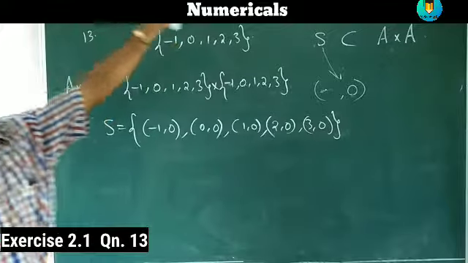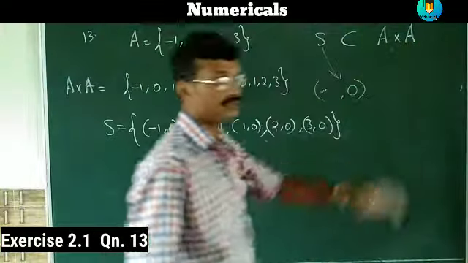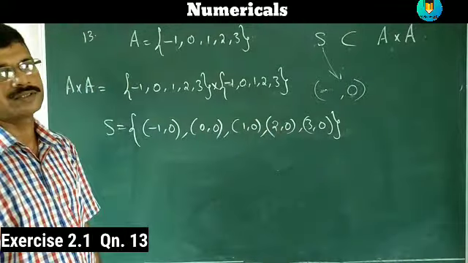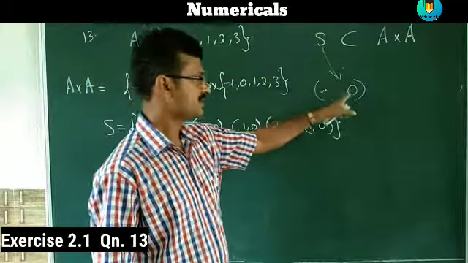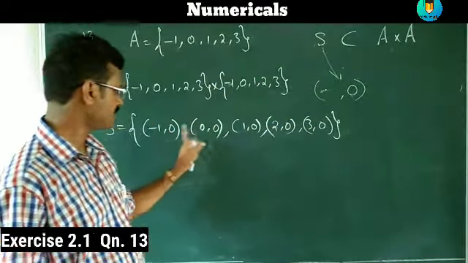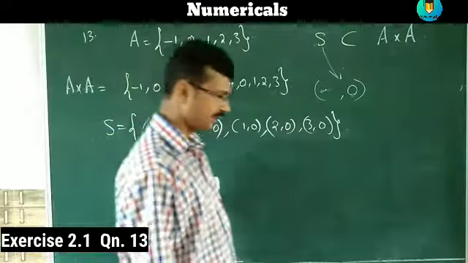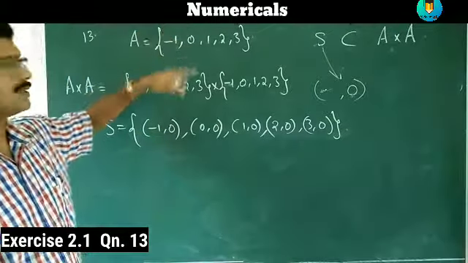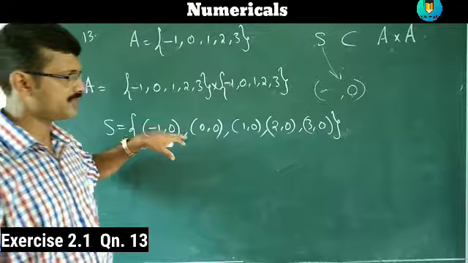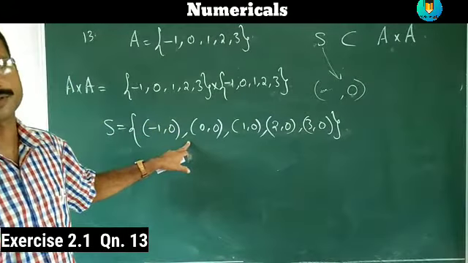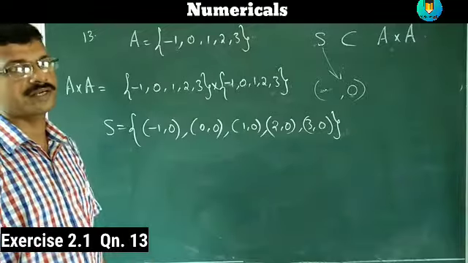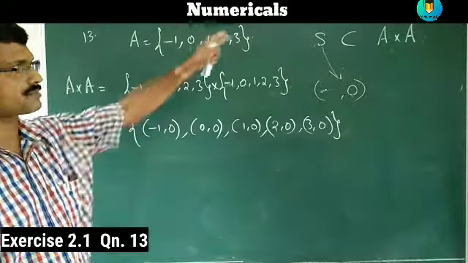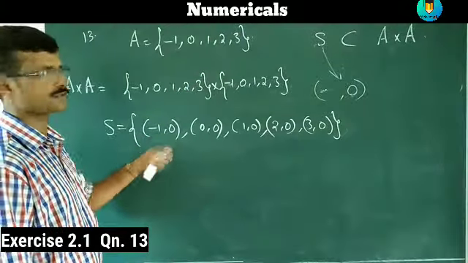So these are the elements of S. S is naturally a subset of A cross A. A cross A has 25 elements, but here there are only 5 elements: 1, 2, 3, 4, 5. In all cases the second component is 0, so we need only the selected elements, which form a subset of A cross A. We will discuss this in detail in the second video, when we discuss the term relation, this type of situation, a subset of a cross product.